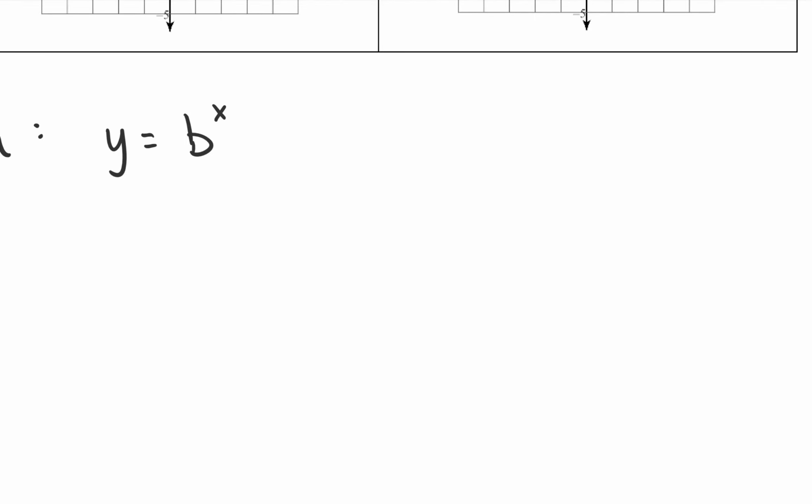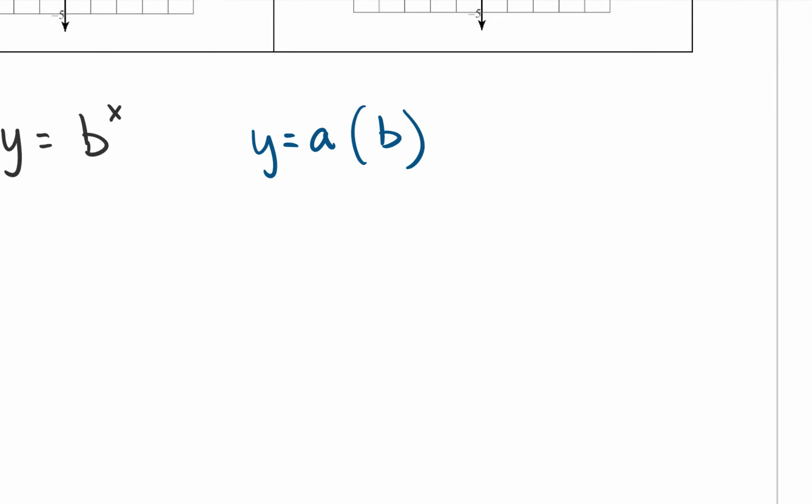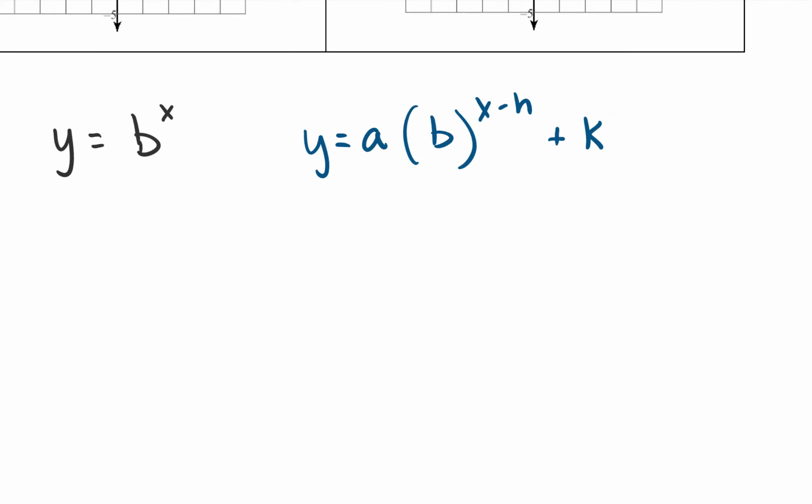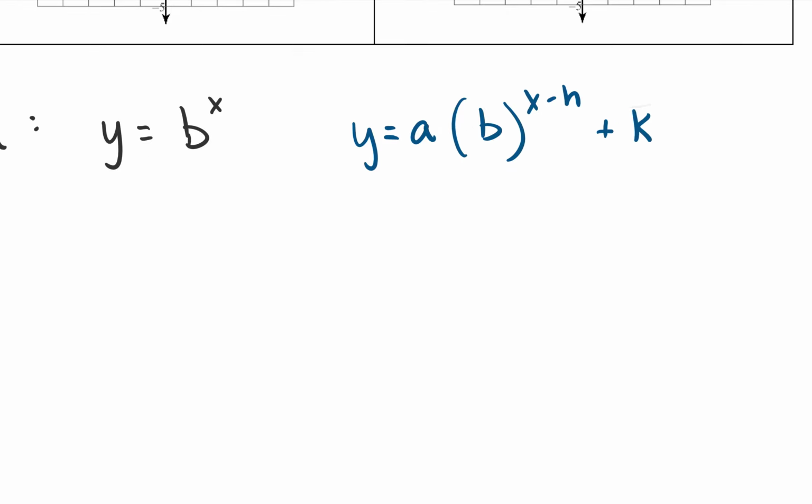The more complex form would be y equals a times b^(x minus h) plus k. That's the full form of an exponential function, but y equals b^x is just the basic one with nothing really extra to it. So these are what we're going to be talking about today.